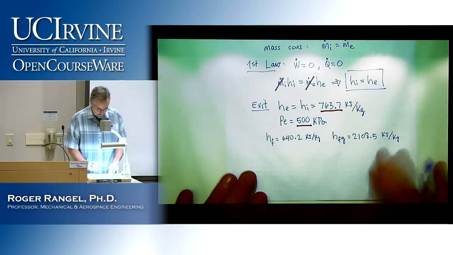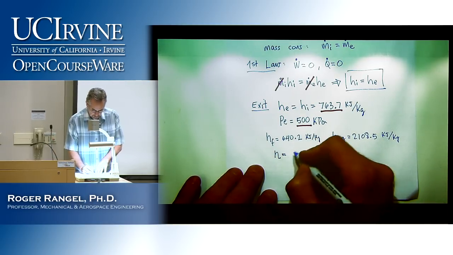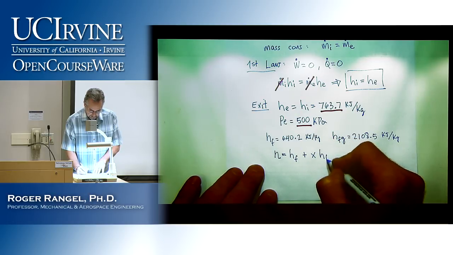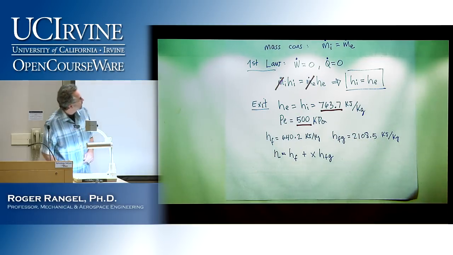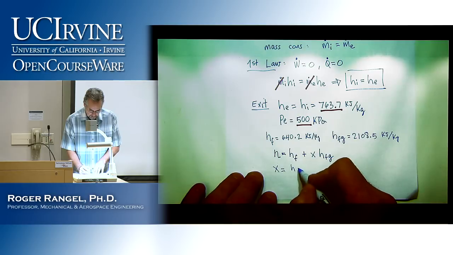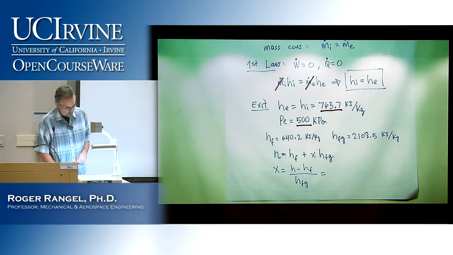And then, of course, I know that the total enthalpy of the mixture is HF plus quality times HFG, from where I can now solve for the quality. So I can go: quality is H minus HF over HFG. And all of these numbers are given.